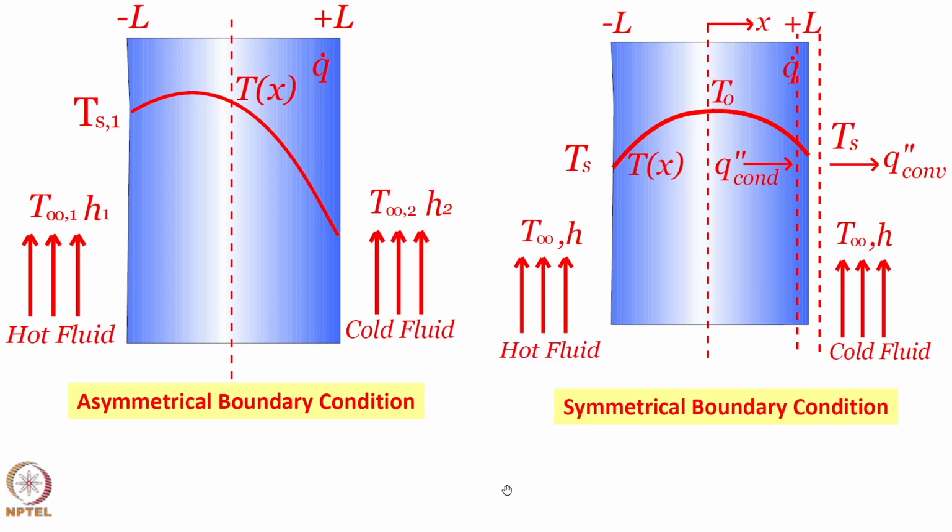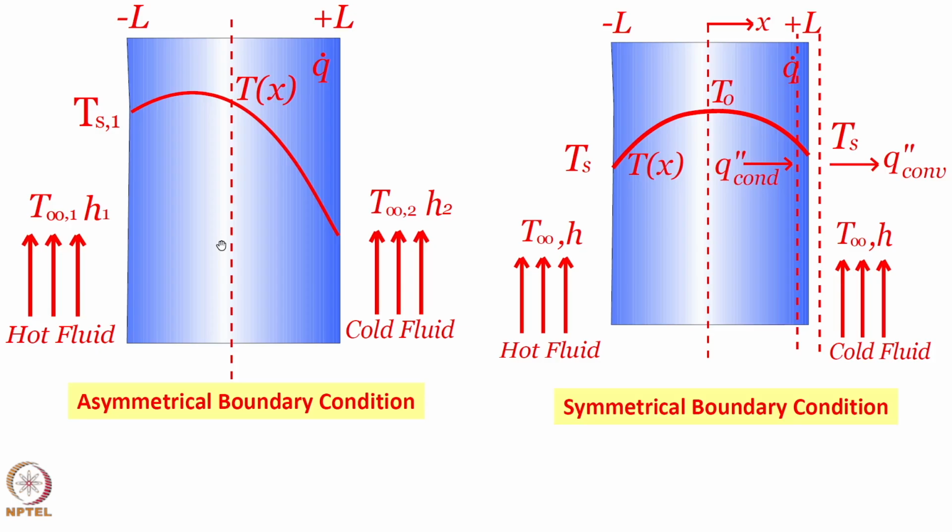What is wrong if I take the coordinate system at the left wall? Nothing is wrong. It is just that your equation for the heat conduction, temperature distribution would look a little nastier, and some physical insights which you would get otherwise may be hard to get from the solution. That is the only reason why symmetry or the center line is taken as the origin.